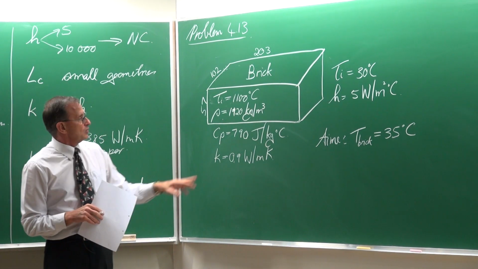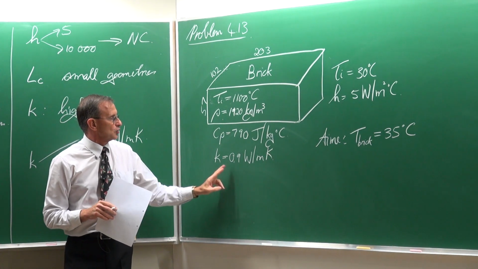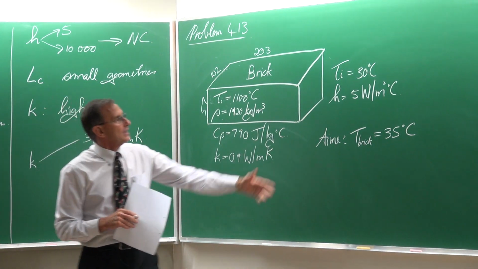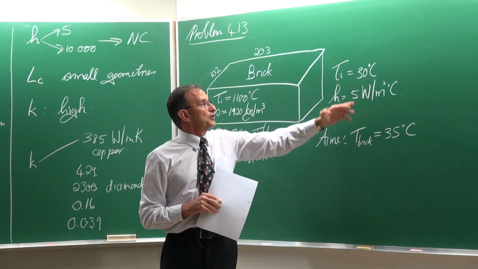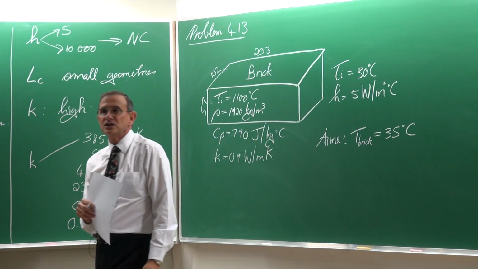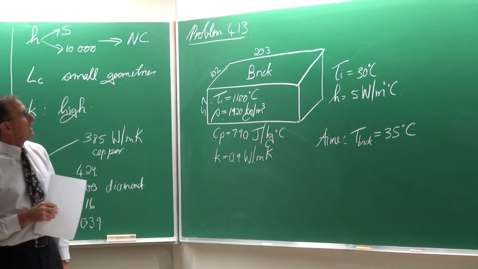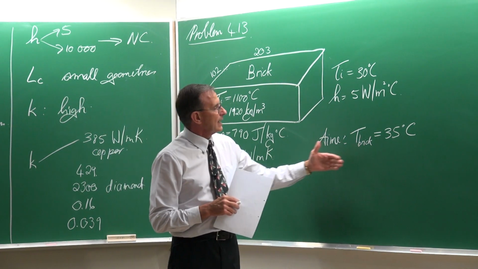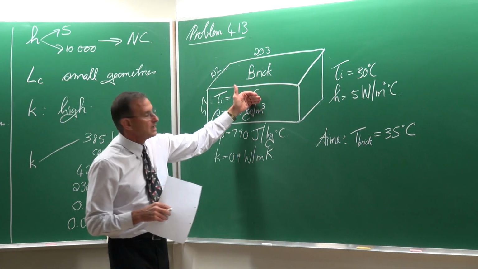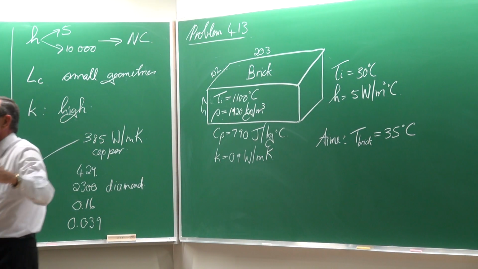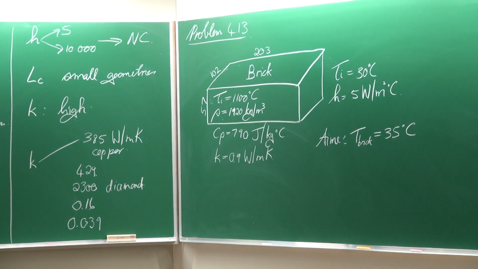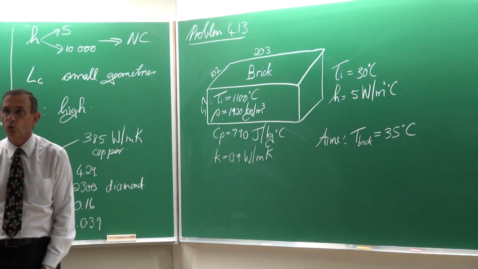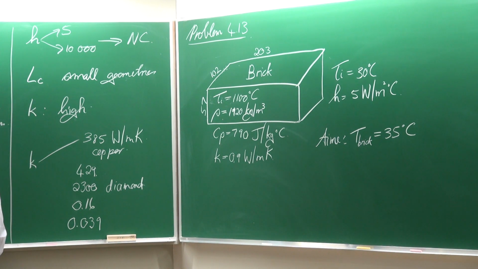The CP value is 790, the thermal conductivity 0.9. The outside temperature is at 30, the heat transfer coefficient is equal to 5, and we have to calculate how long will it take before this brick cools down to a temperature of 35 degrees Celsius. You all understand the problem?